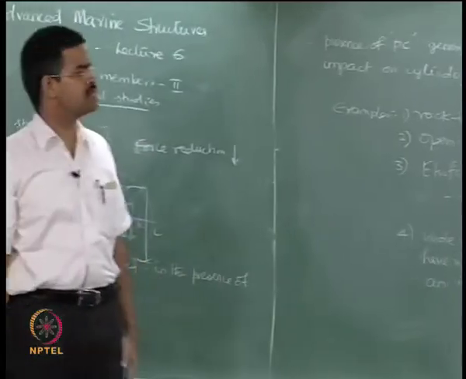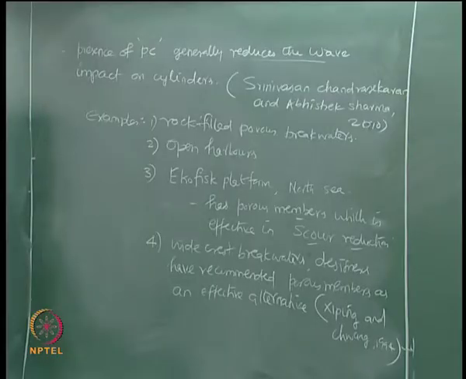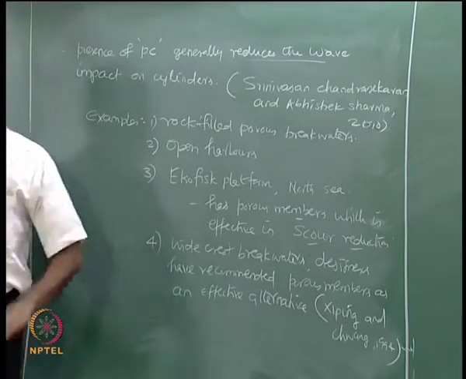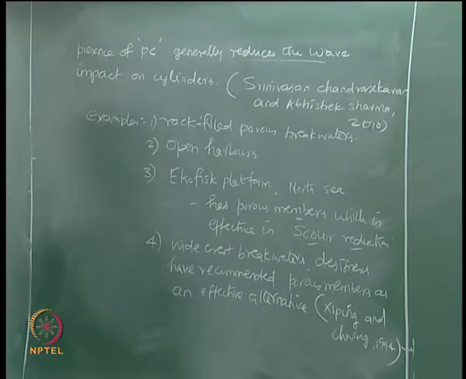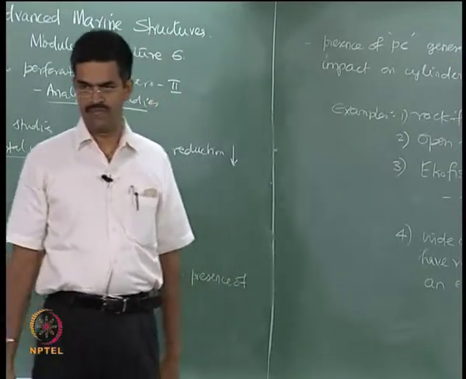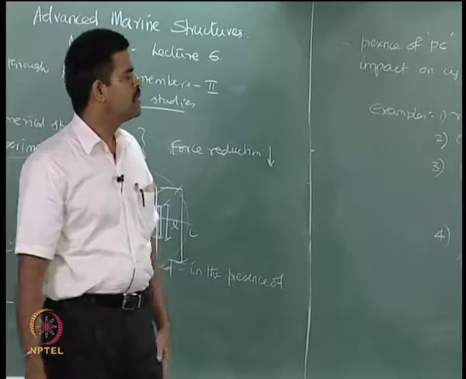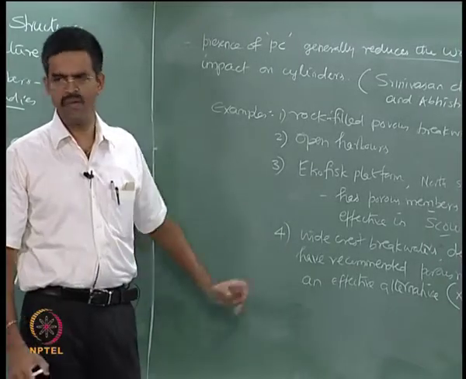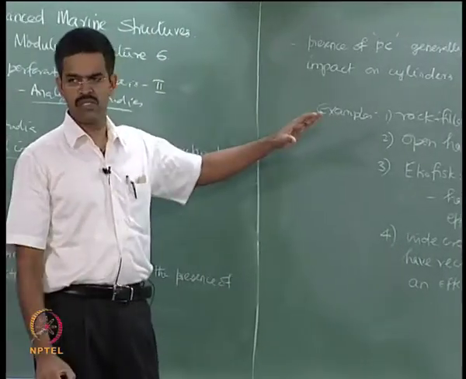So, there are many references available in the literature where people have effectively used the presence of porous members or perforated cylinders or structures to reduce the wave impact on the members, but they have been essentially applied on coastal structures, though coastal structures are also part of marine structures, not on any deep water large floating systems. That has not been applied. But people have used it for breakwaters and coastal protection structures, and they have seen that there has been a reduced impact.